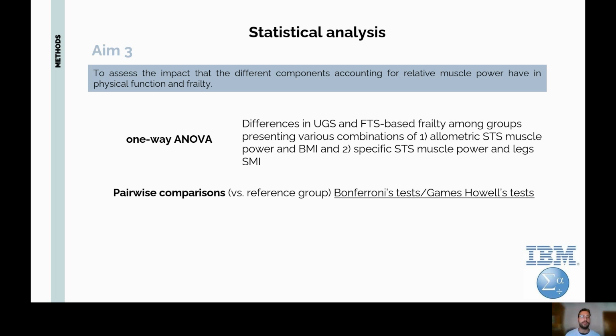And the final aim was to study the different components and the impact of them. So we just performed a one-way ANOVA to compare these groups. And when this was significant, we used pairwise comparisons corrected for Bonferroni or Games-Howell's test.